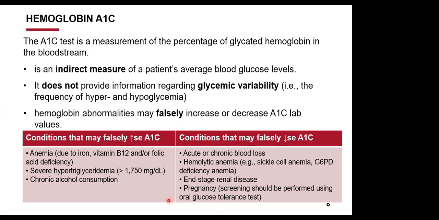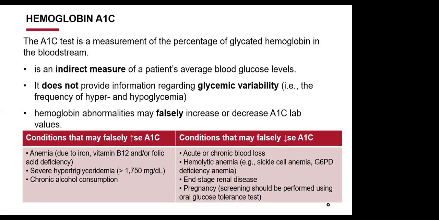So what we need to know here is that if there are abnormalities in hemoglobin, they may either increase or decrease this value. So we need to be careful, especially when we are looking at our patients with diabetes.